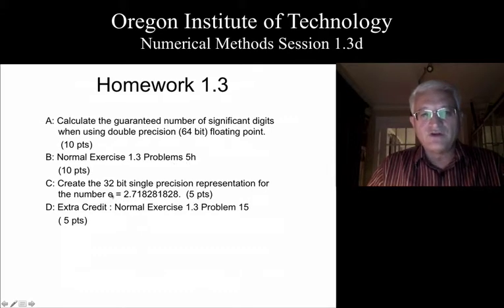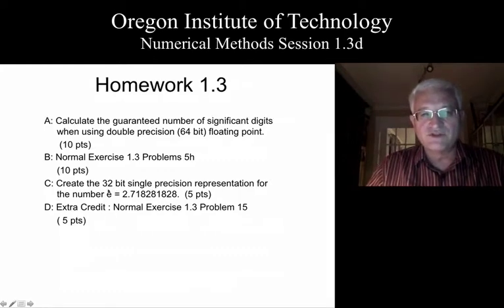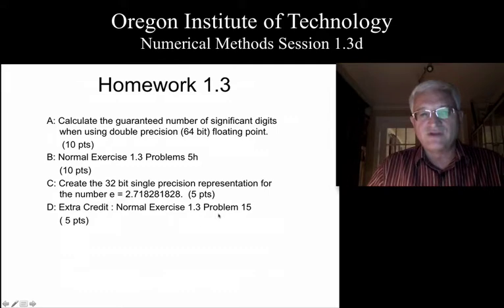Then I want you to create a 32-bit representation. So now we're back to the single precision world for the number e. So I basically reproduce what we did with pi and see if you can represent that thing in single precision real. Finally, as extra credit, you can go back to section 1.3, again the normal section, not the computer section, and do problem 15.